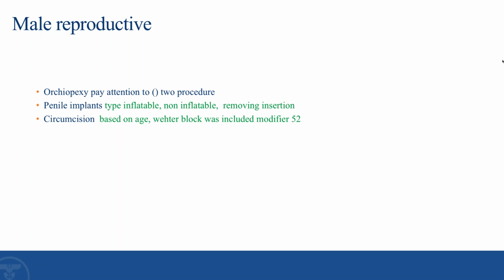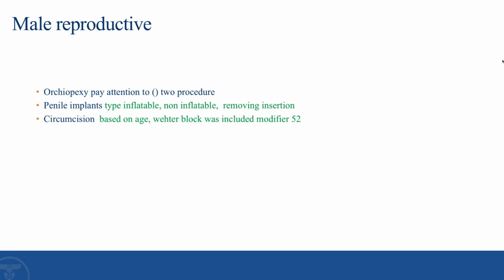What's also important right underneath 52332, it tells you do not report 52332 in conjunction with what? It tells you 52000 and 52353, when performed together on the same side. So that's going to be important on reading on where to insert.